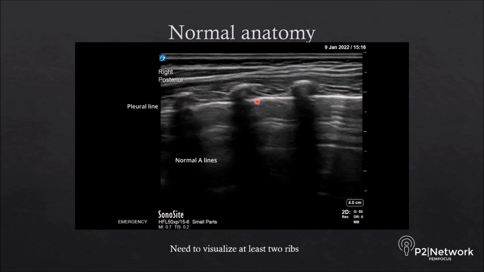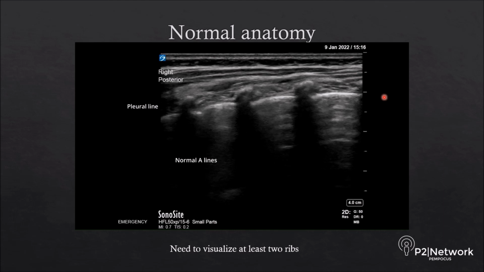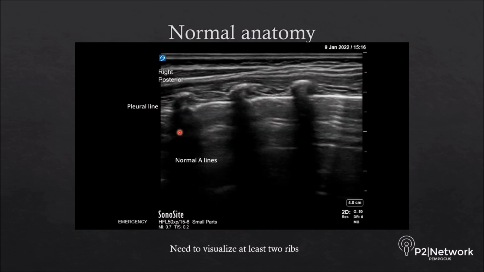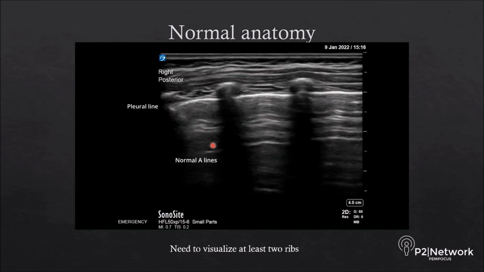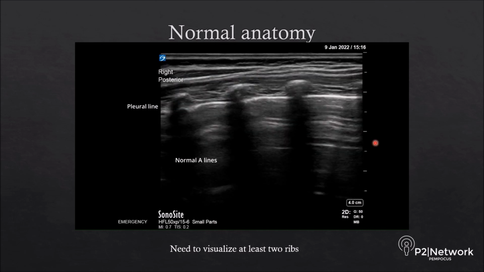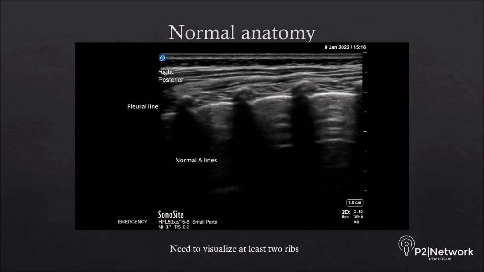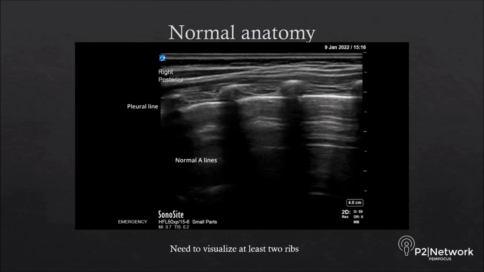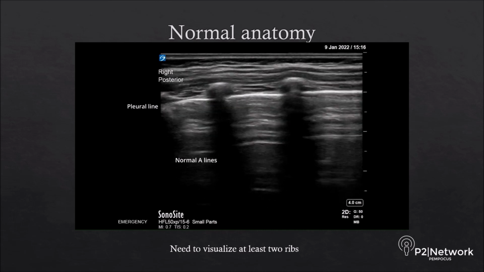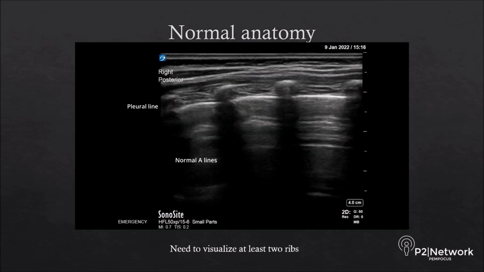The bright line going across the screen is the pleural line, and the less bright lines further down are A lines, and that's reverberation of the pleura, that's artifact, that's completely normal. You want to generally see at least 2 rib spaces, and you really want to see A lines going across the lung fields before you call that lung field normal.